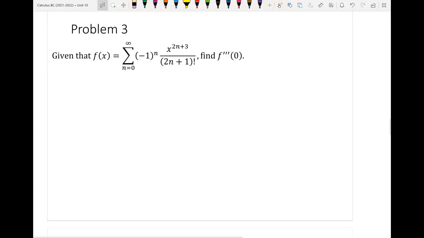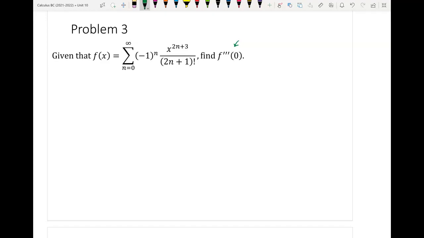All right. So we have this one here, given that f of x is equal to the sum, as n equals 0 to infinity, of negative 1 to the n, times x to the 2n plus 3 over 2n plus 1 factorial. They want us to find f triple prime of 0. So there are actually 2 ways that you could go about this.